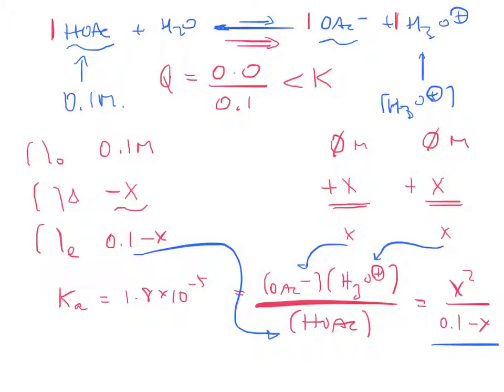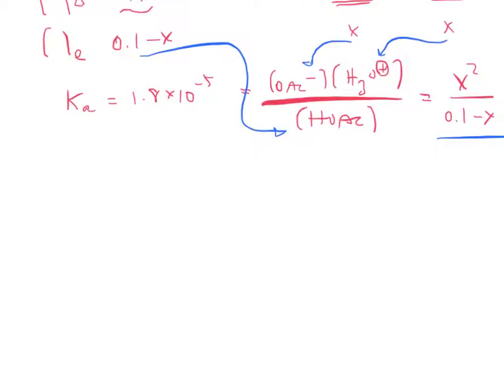I get this expression, x squared over 0.1 minus x. Now, we're very close to our answer. We eventually want to know the pH, which requires that we know the minus log of the H3O plus concentration, so we need to find the minus log of x.